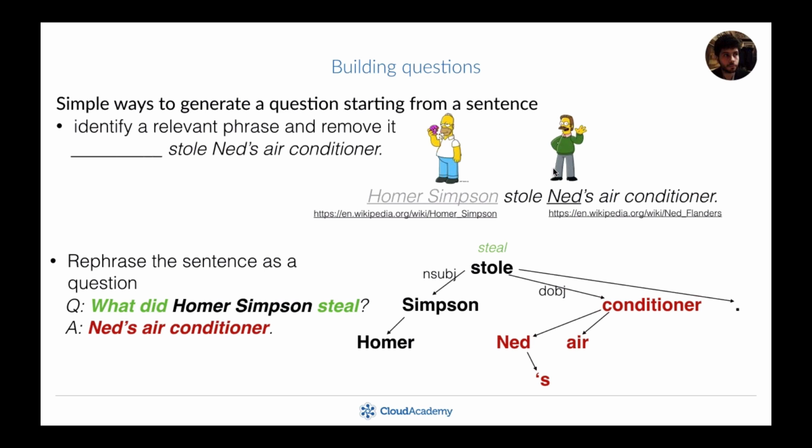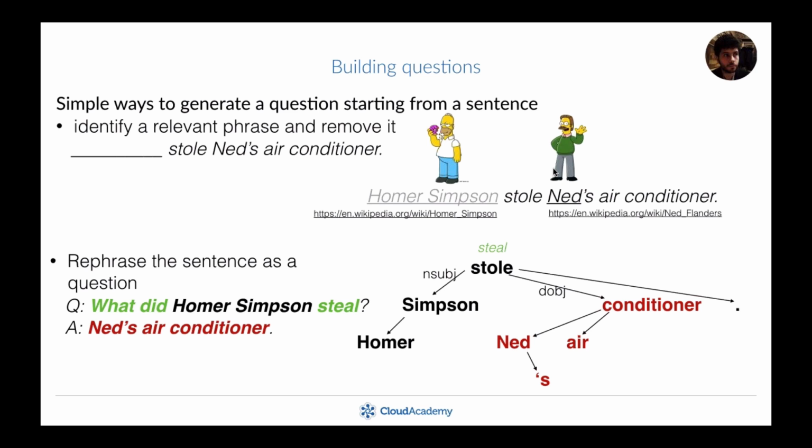How did we decide that we had to create the expression, what did Homer Simpson steal? We had stole in the beginning, in the original sentence. The point is that we have the information about the lemma corresponding to the form stole. Stole is one way that the verb steal can appear, and the API told us that.